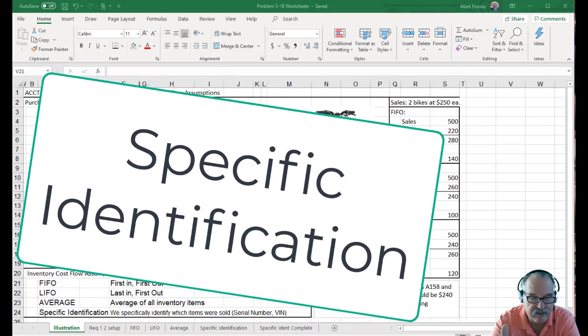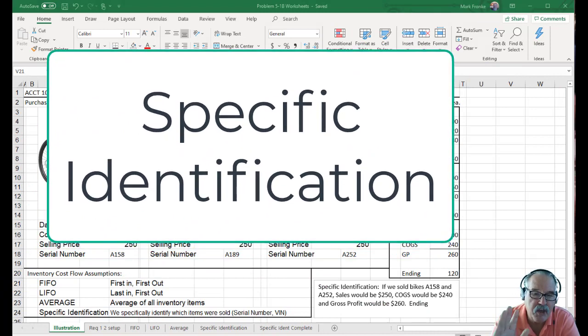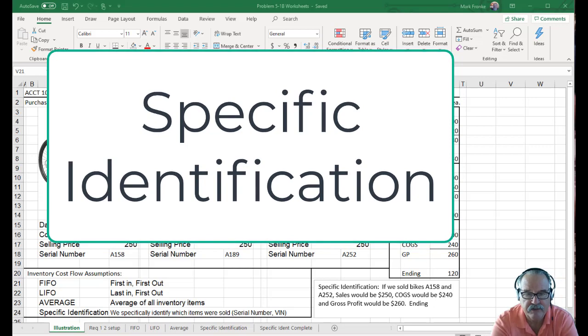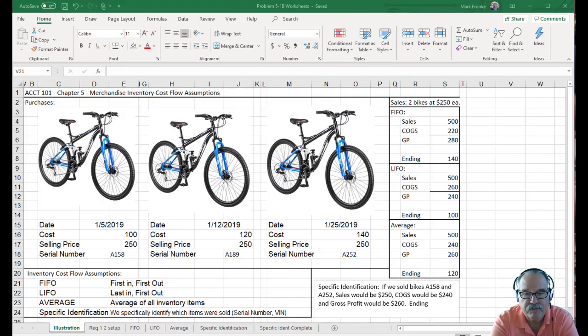Now, what makes the most sense for non-perishable items, and we're going to use an example for a bicycle, which is obviously non-perishable. First in, first out makes the most sense because what you're doing is you're selling the oldest inventory first. And that makes sense just from the standpoint of rotating stock.